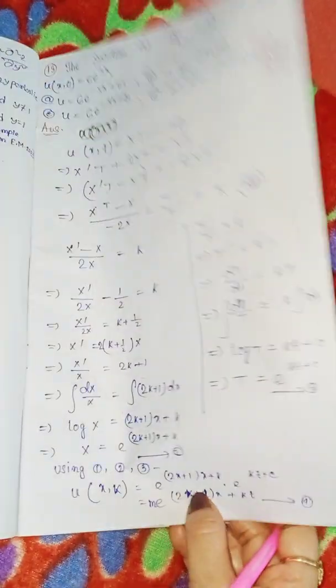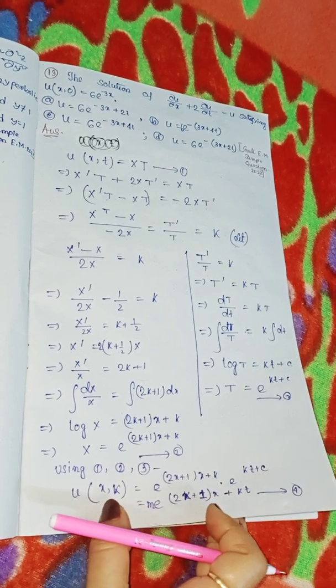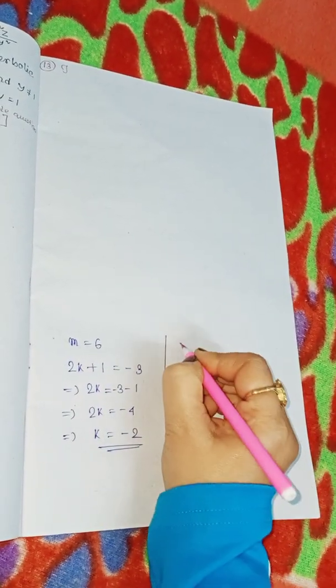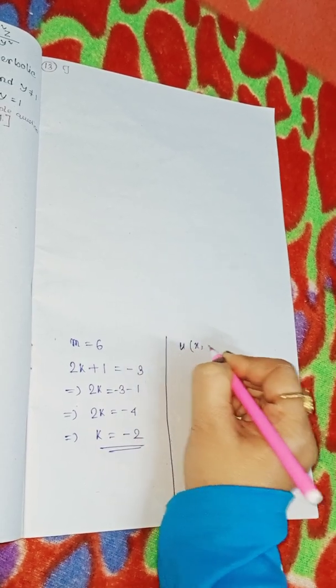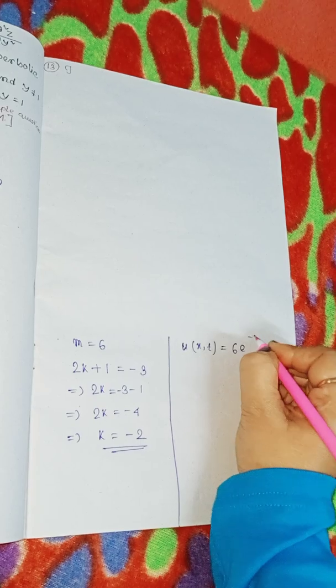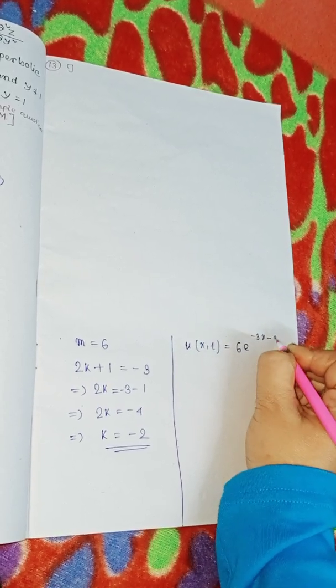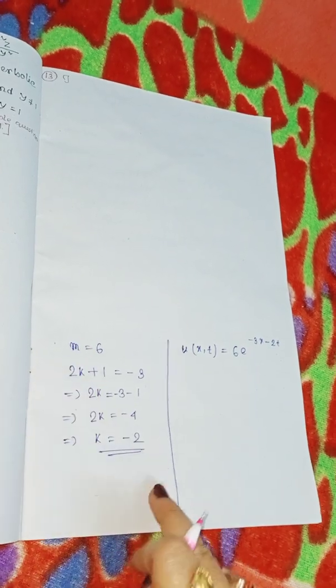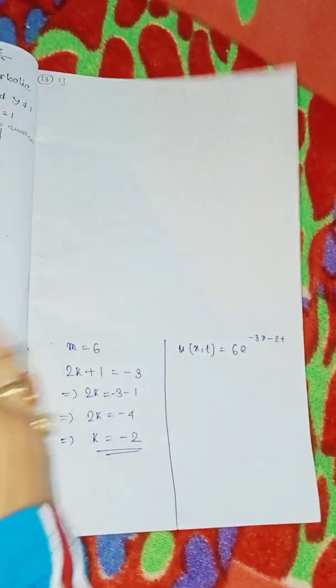So now u of x comma t becomes 6 of e to the power minus 3x minus 2t. Just replacing m and k with 6 and minus 2 here.